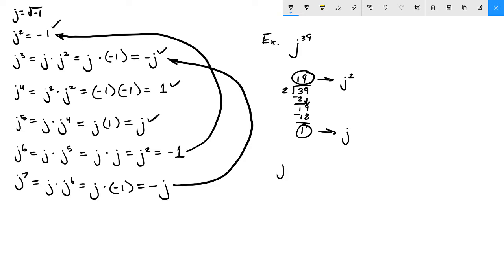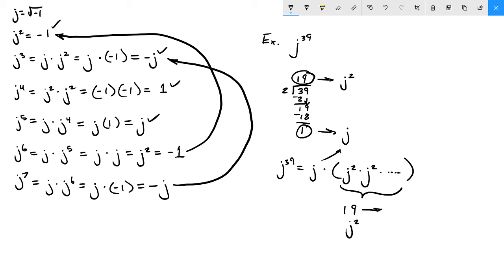So what I mean is that j to the 39 is really just a singular j, which is from the remainder, times a bunch of j's squared multiplied with each other, where the total number of j's squared is equal to 19.